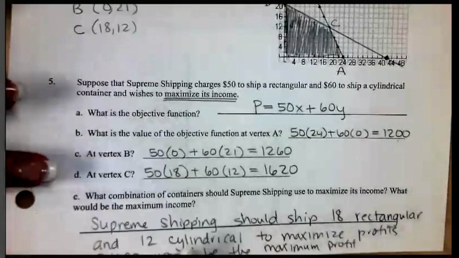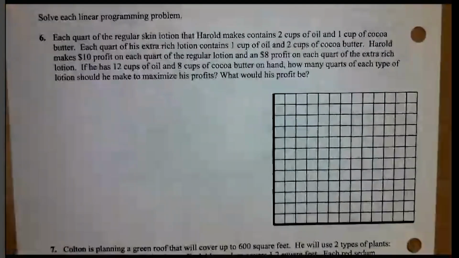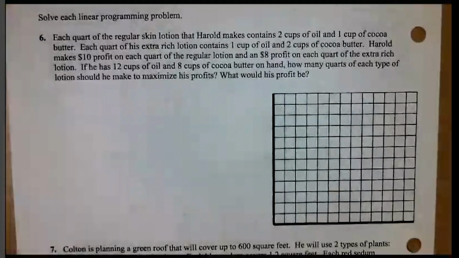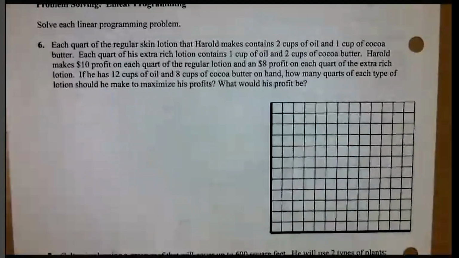All right, so now we're going to try one that does not have all the prompts because that's really what you're going to see in a quiz or a test question. And I want to make sure that you can pull out all the information that you need. Here it tells us each quart of the regular skin lotion that Harold makes contains 2 cups of oil and 1 cup of cocoa butter. Each quart of his extra rich lotion contains 1 cup of oil and 2 cups of cocoa butter.